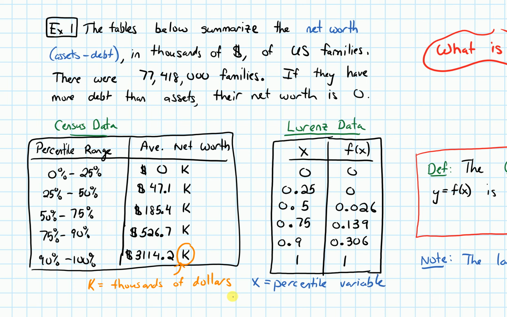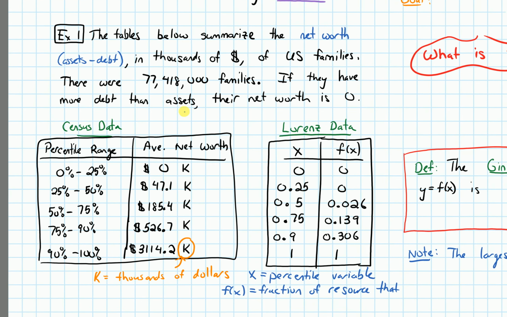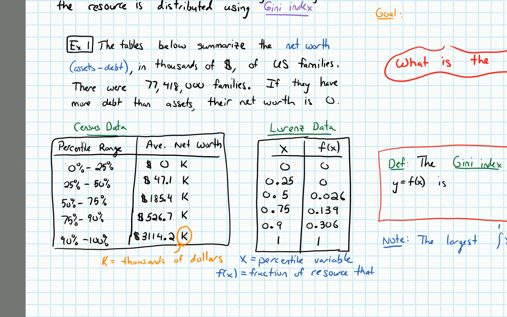And f of x represents the fraction of the resource that the lowest x percentile of the population, so the bottom x percent of the population, has.